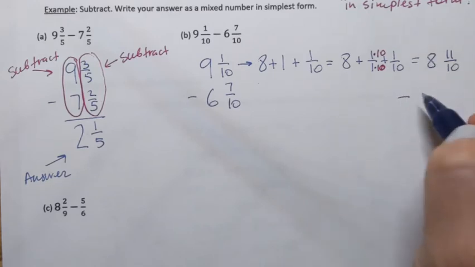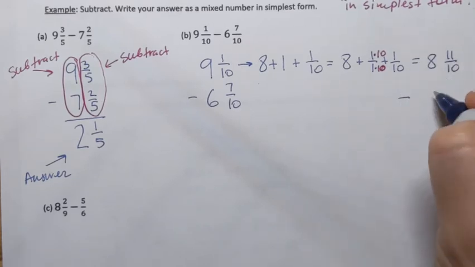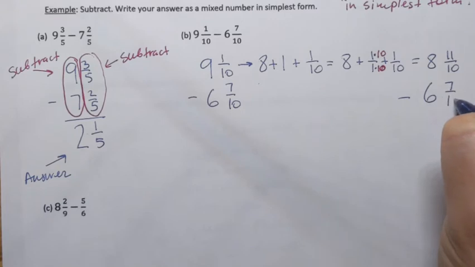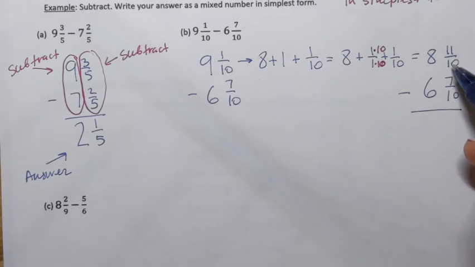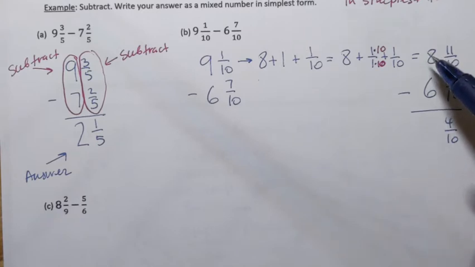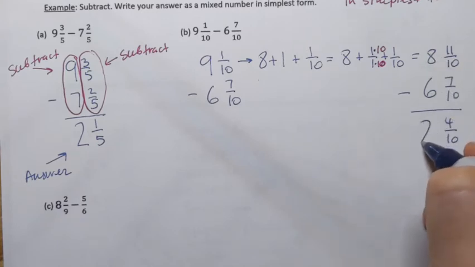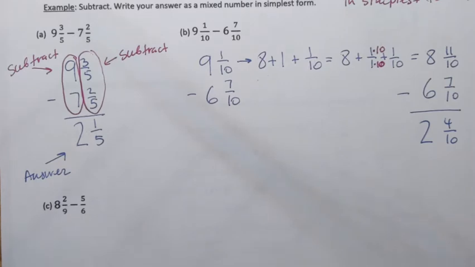And as we increase the fractional part, now we're ready to subtract 6 and 7/10. So I'll move it over here. Let's see what that will give us. 11/10 minus 7/10, that is 4/10. And 8 minus 6, that's 2. Okay, so now we could subtract. Is this the final answer?